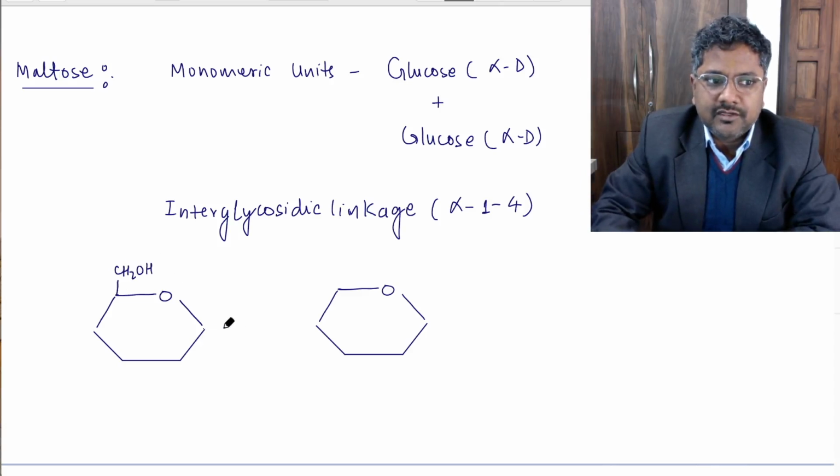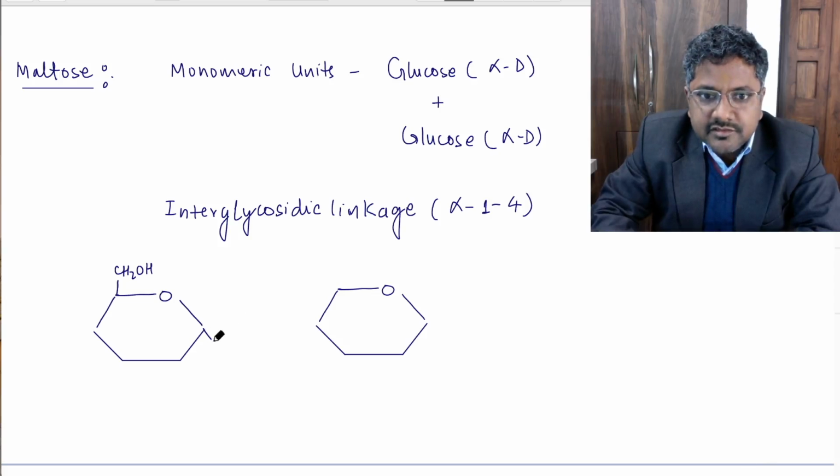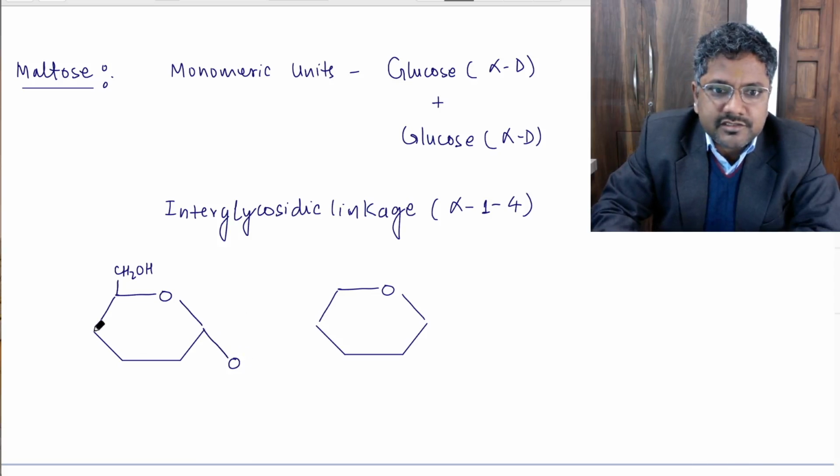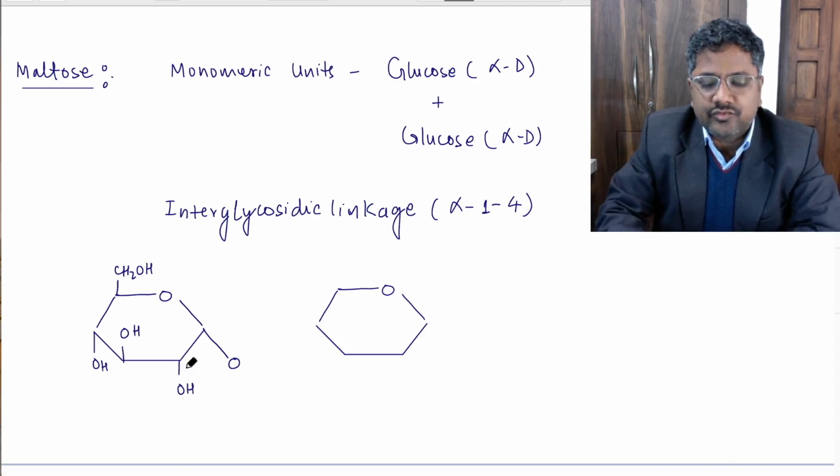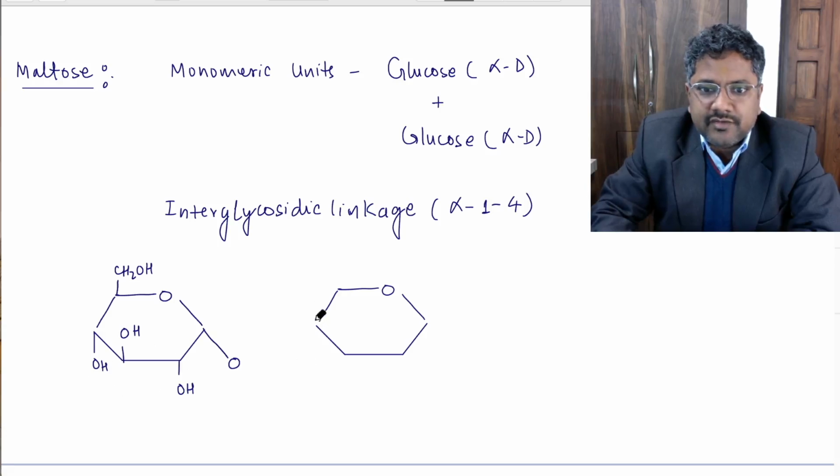So alpha means this is alpha, and this OH is down, this OH is up, and this OH is down. So this is glucose. This is the fourth carbon, the fourth OH is down, so this will condense like this.